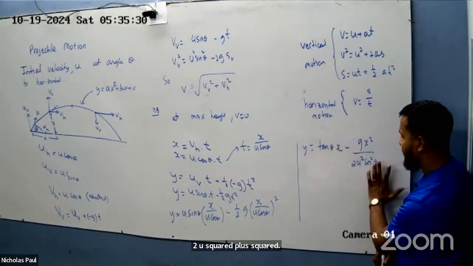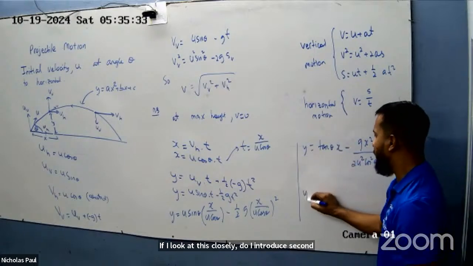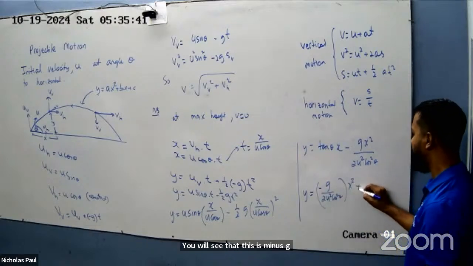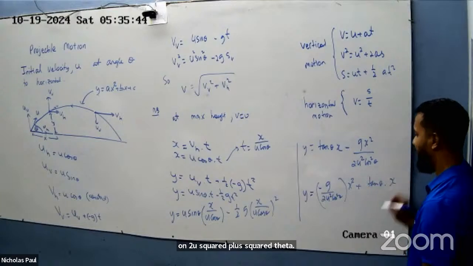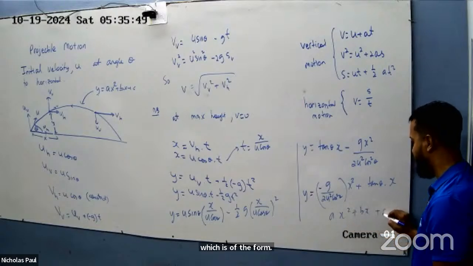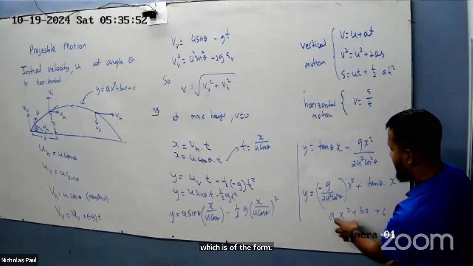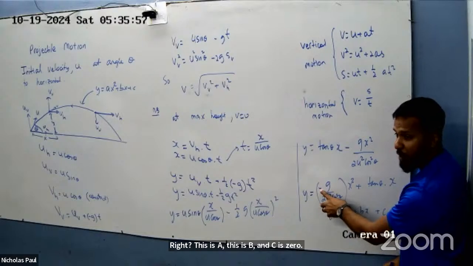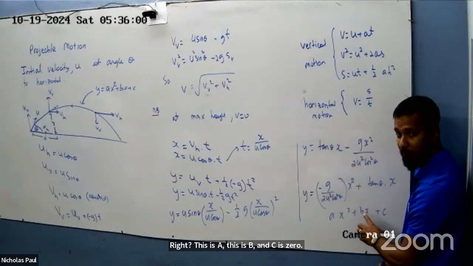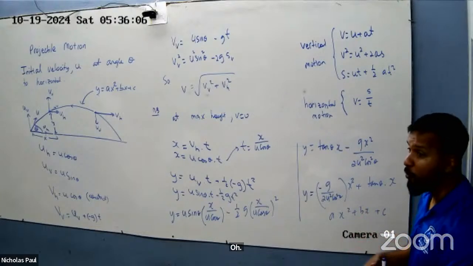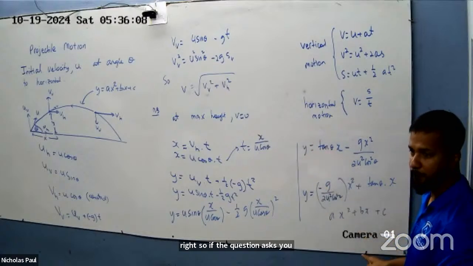If you look at this closely, you will see that this is minus g over 2u squared cos squared theta times x squared plus tan theta times x, which is of the form ax squared plus bx plus c. This is a, this is b, and c is 0. And it's a minus, so what type of quadratic is it? A maximum. Right? So if the question asks you to prove the path is parabolic, that's how.